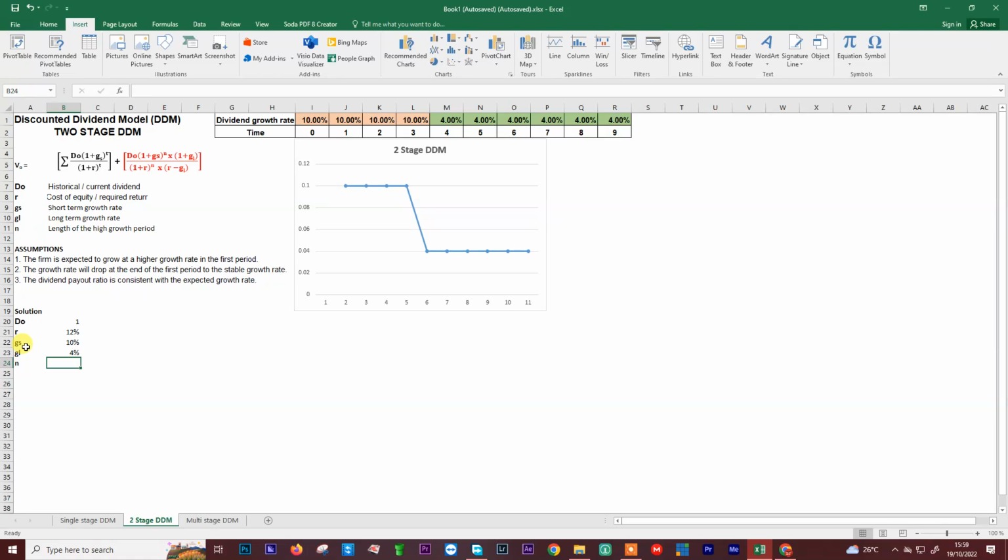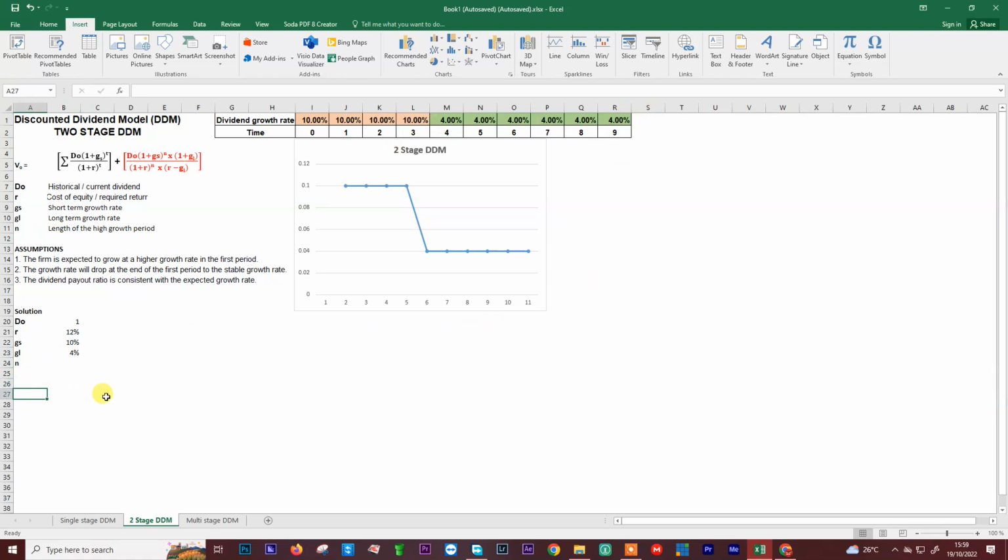So here we don't need to really give a value over there because it's growing indefinitely like that.